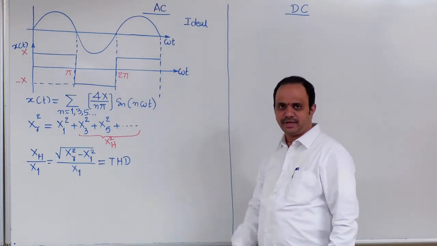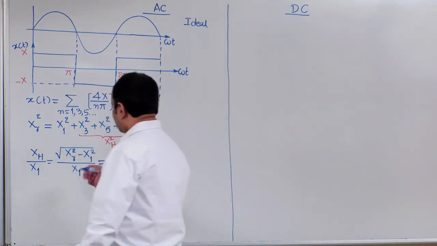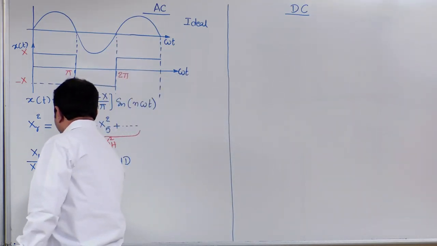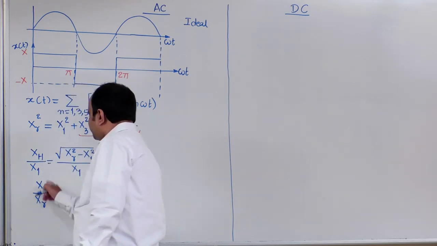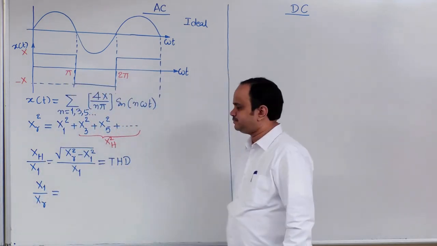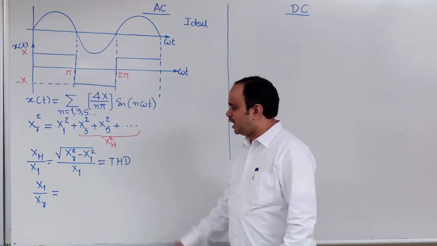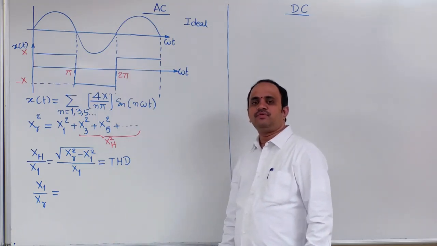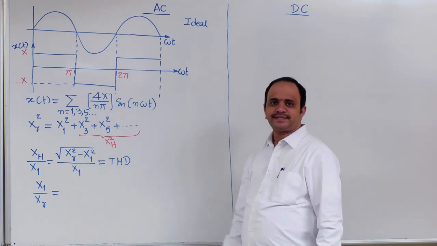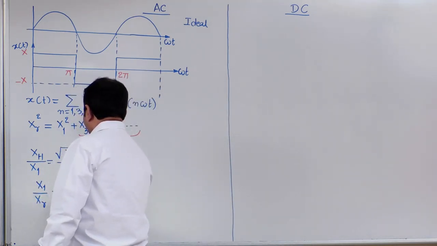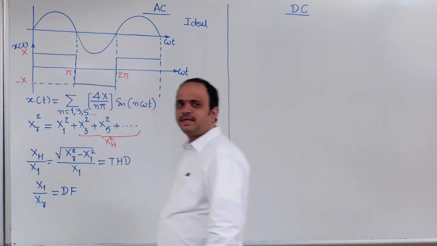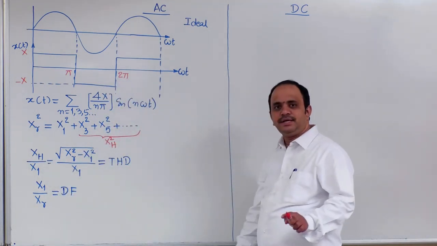Now, one more thing: the ratio of the RMS value of the fundamental component x1 divided by the RMS value of the overall function, x1 upon xr, is referred to as the distortion factor. It is denoted with the symbol df.